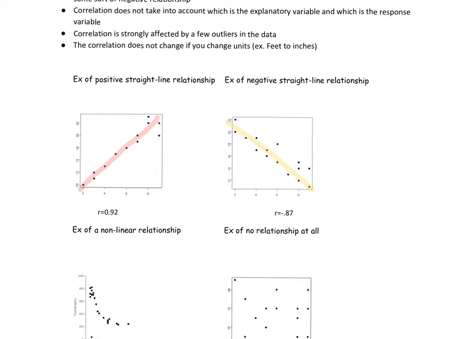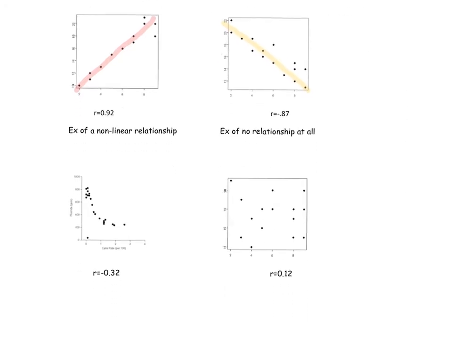Then we have a couple of examples of nonlinear relationships. In this third example, R equals negative 0.32. It is negative, but it's not a pretty strong relationship, because if I were to try to draw a linear graph, I would want it to hit as many values as possible, and there would be a lot of outliers.